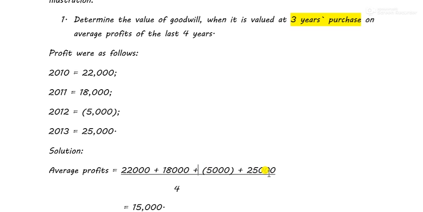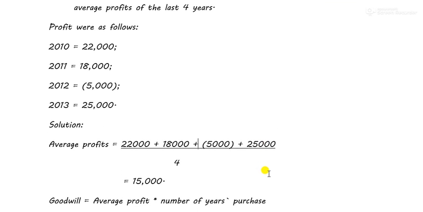What will be the result? 22 plus 18 minus 5 plus 25 is 60,000, divided by 4, not 3. 15,000. So my average profit is 15,000.